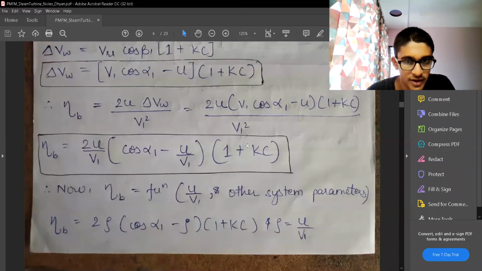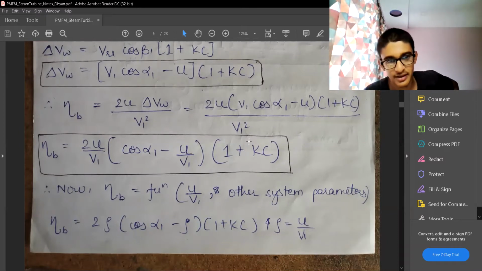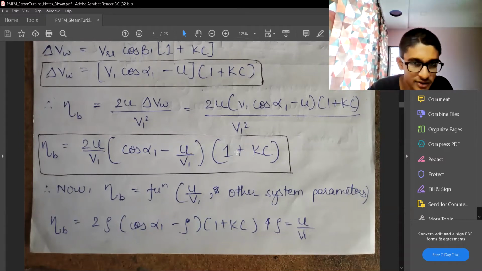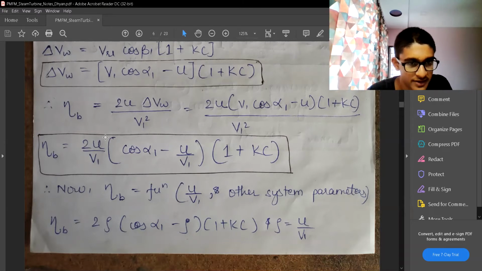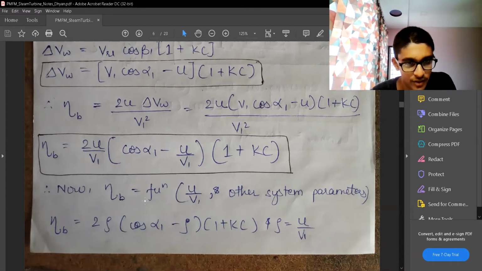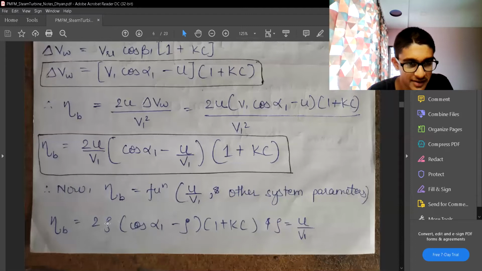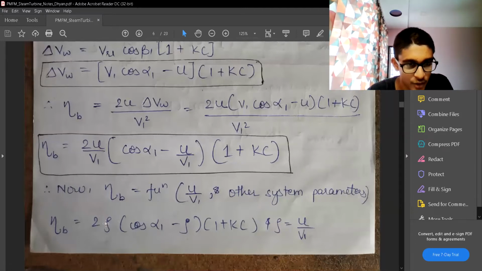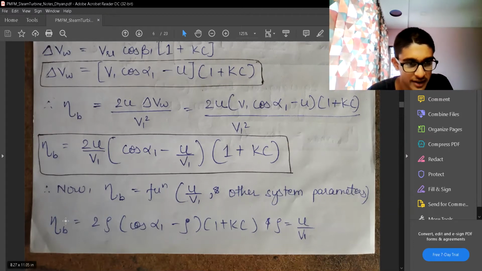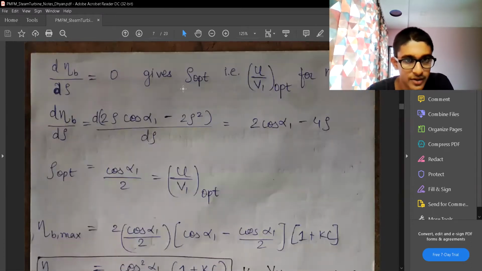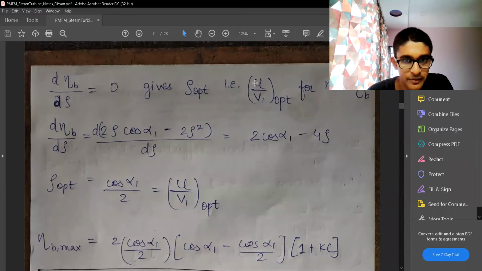So we have constants K and C, which depend on how the blades are designed. So the only variable is u by v1. Now let's assume u by v1 is rho, and now we can differentiate efficiency with respect to rho to get the optimum u by v1 ratio, that is the blade speed ratio.